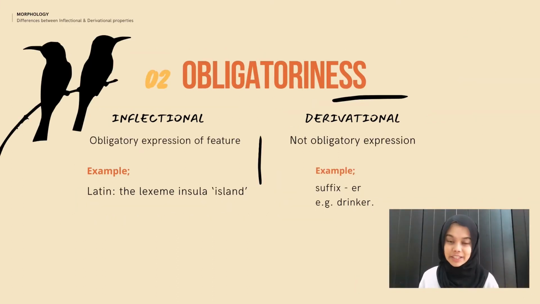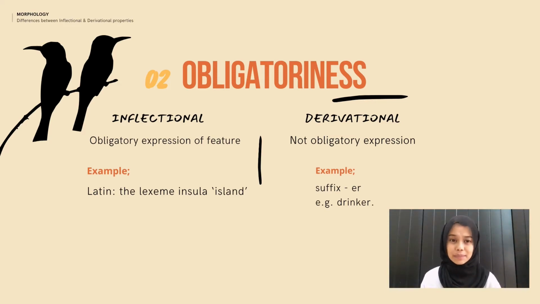The second difference would be the obligatoriness. So inflectional features are obligatorily expressed on all applicable word forms, while derivational meanings are not obligatorily expressed. For example, it can be illustrated by Latin.